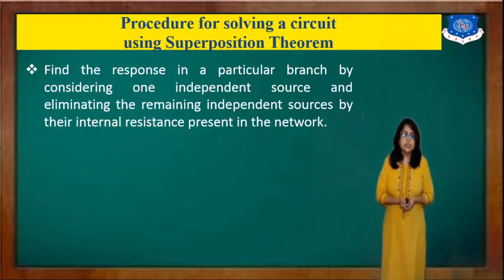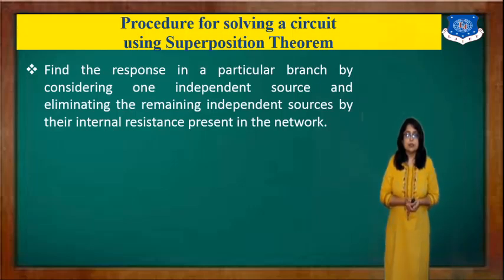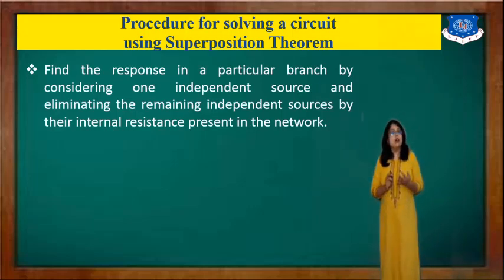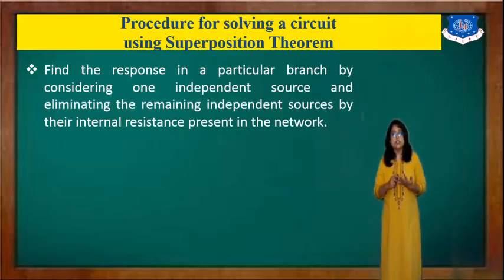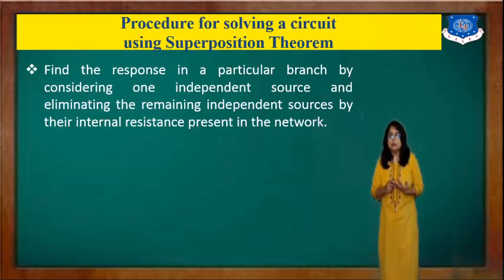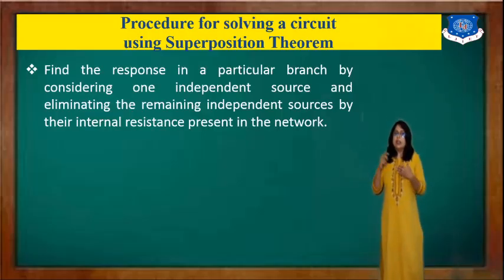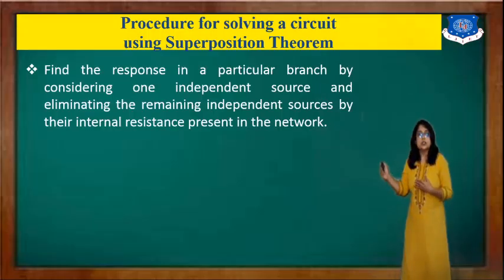What is the internal resistance of a voltage source? Obviously, it is 0. That means the other voltage sources can be replaced by a short circuit, or a line segment.